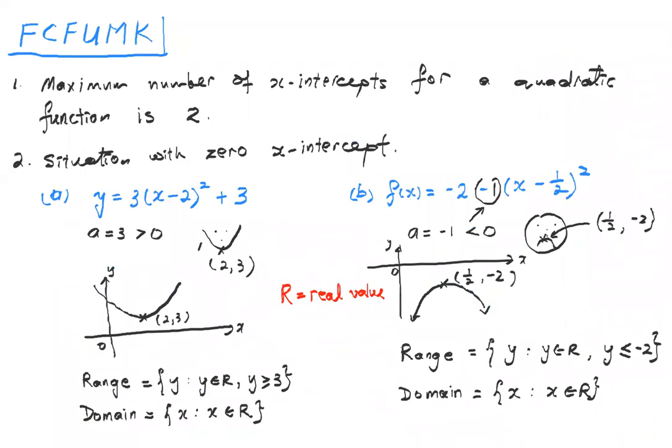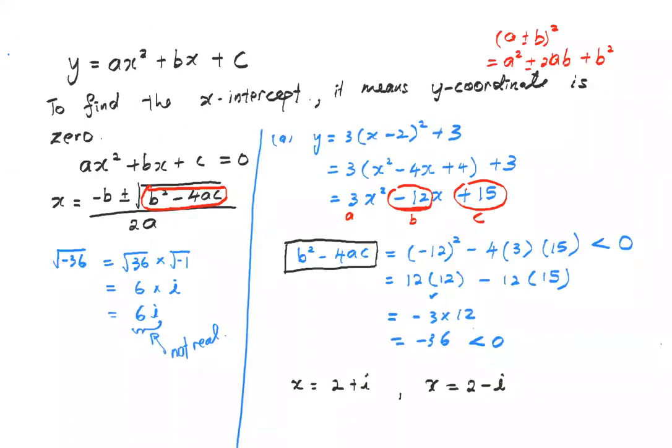Okay, let's see the situation with 1 x-intercept. How would it be like? Okay, situation with 1 x-intercept. So I go to number 3. I decided to change the way I teach just a few minutes ago.